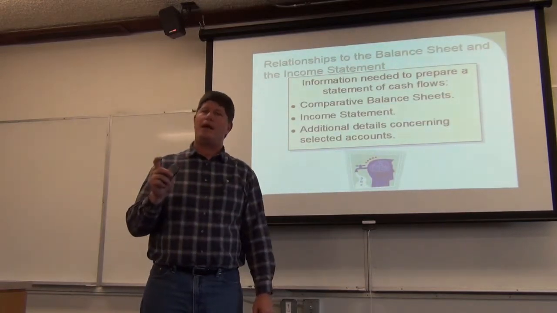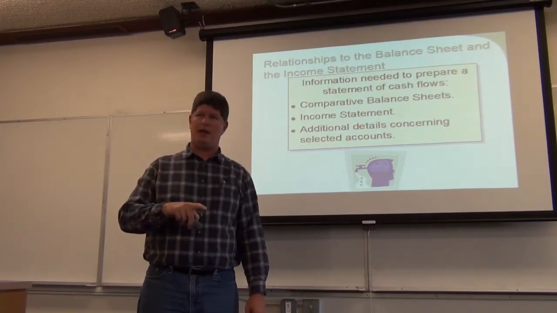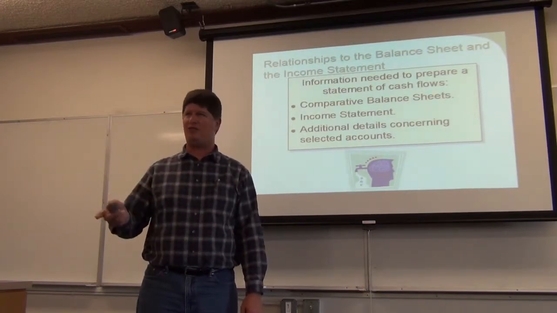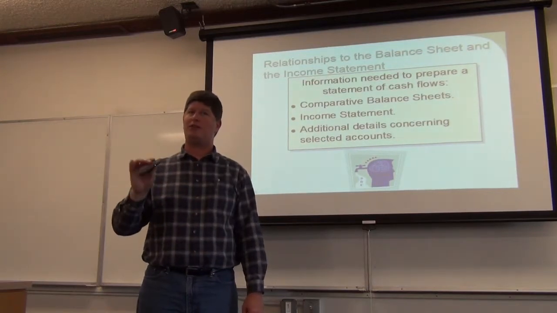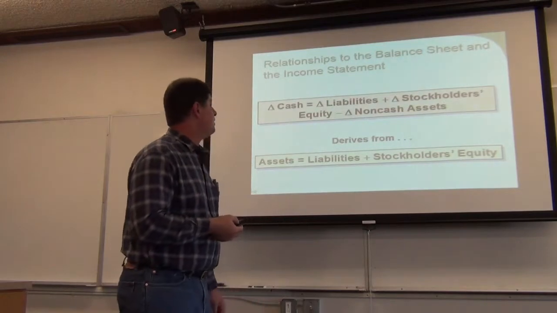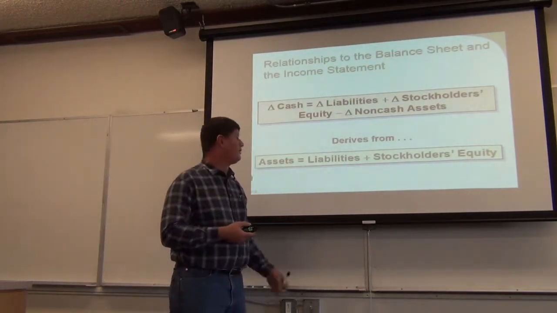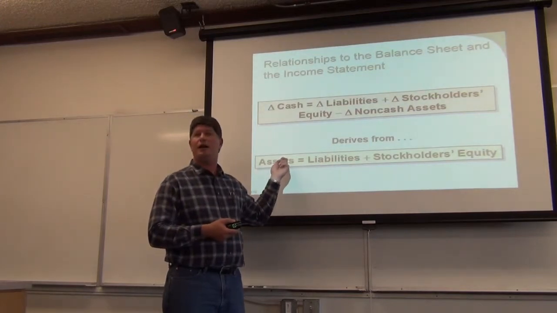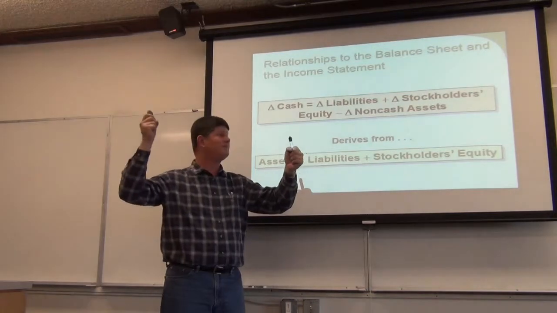So, the book does it in a very formulaic way. They use these formulas to figure out how much cash you've got. I'm going to walk you through what I think is a much more common sense approach. But here's a great way to think about it. Remember our old formula, assets equals liabilities plus owner's equity, the basic accounting equation.